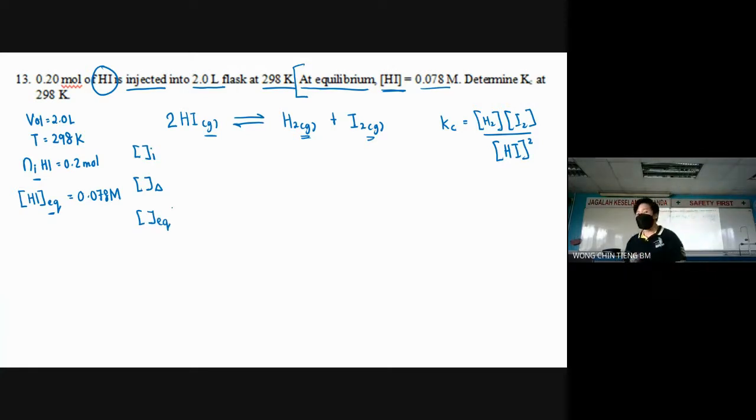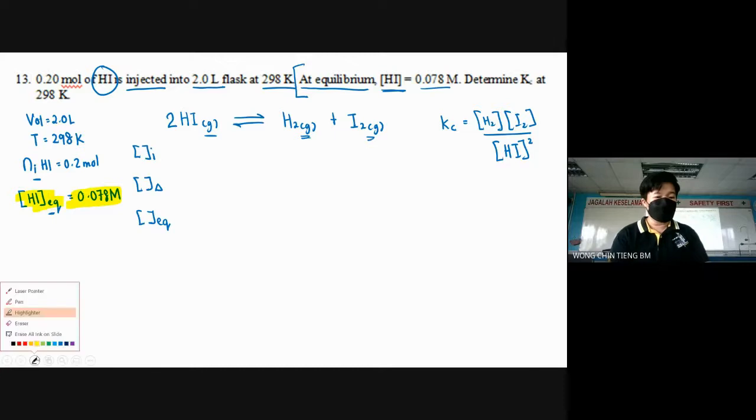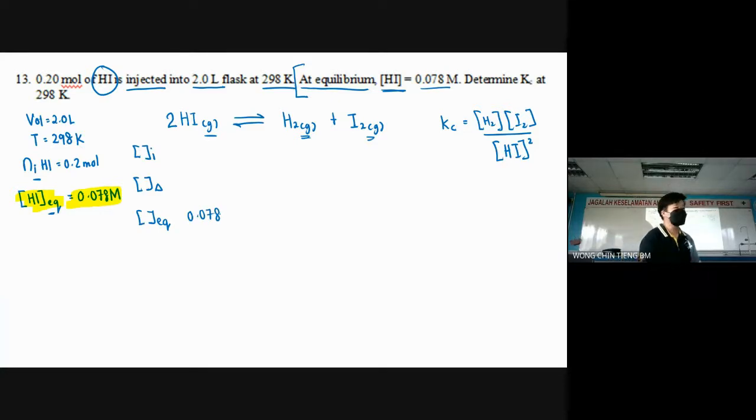Dan kamu kena buka mata kamu. You need to know which value is concentration. The value that I can use straight away is this one. Yang ni kita boleh guna terus. Tak payah buat apa, tak ada change, tak ada apa. Saya boleh masukkan dia terus. Yang ni 0.4078. Betul? Tak salah kan?